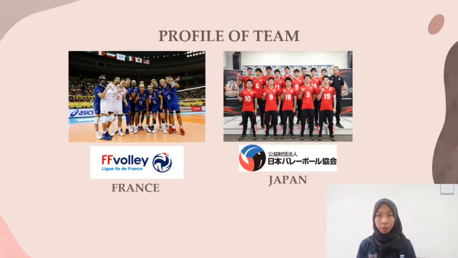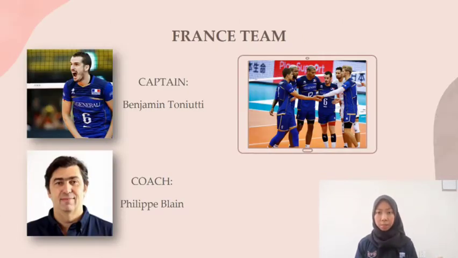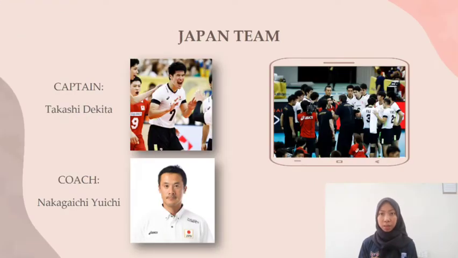This is the profile of the teams. The team wearing a blue jersey on the left side is the France team, and the team wearing a red jersey on the right side is the Japan team. For the France team, the captain is Benjamin Toniotti, and the coach is Philippe Blaine. For the Japan team, the captain is Takashi Dekita, and the coach is Nakagaichi Yuichi.